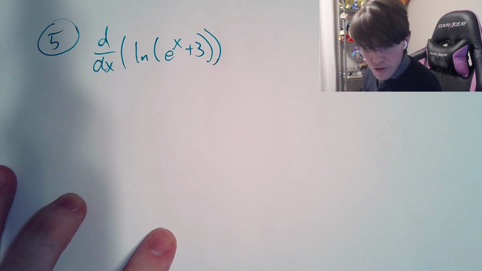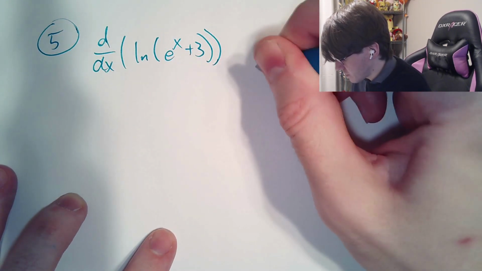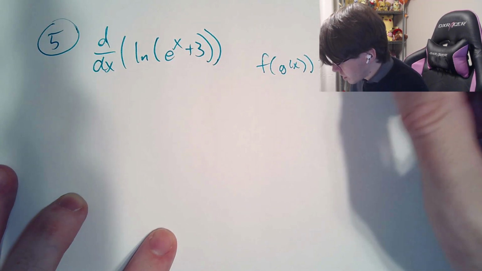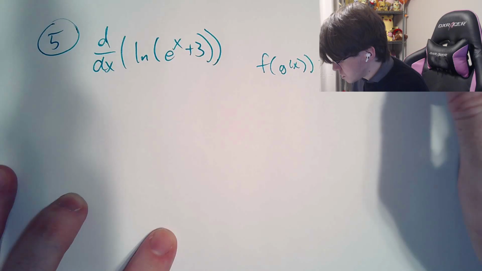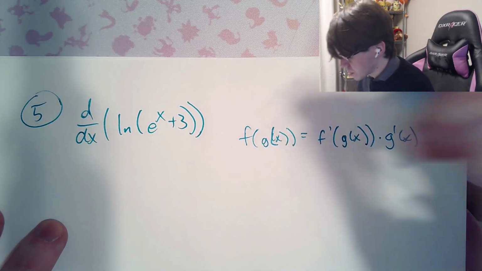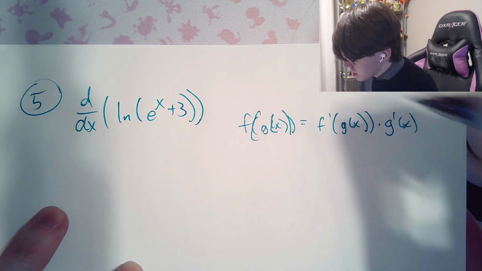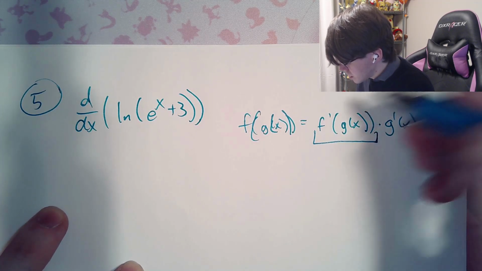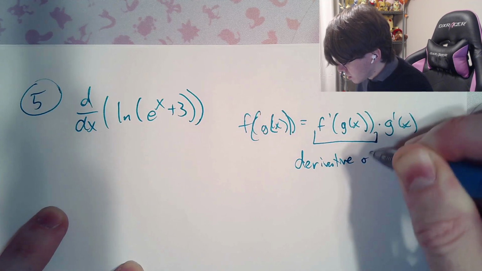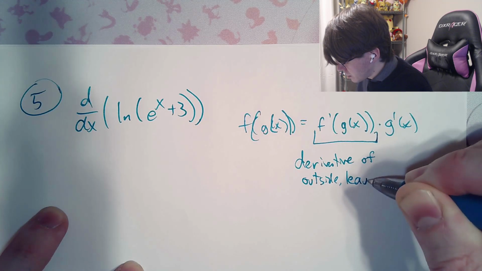Anytime you have a function on the inside of another function, your general chain rule looks like this. If I have f of g of x, our derivative is f prime of g of x times g prime of x. And you can't even see what I'm writing. Of course, yet again, Mr. Richards, get it together. What this is trying to say is this part is the derivative of the outside, leaving the inside alone.